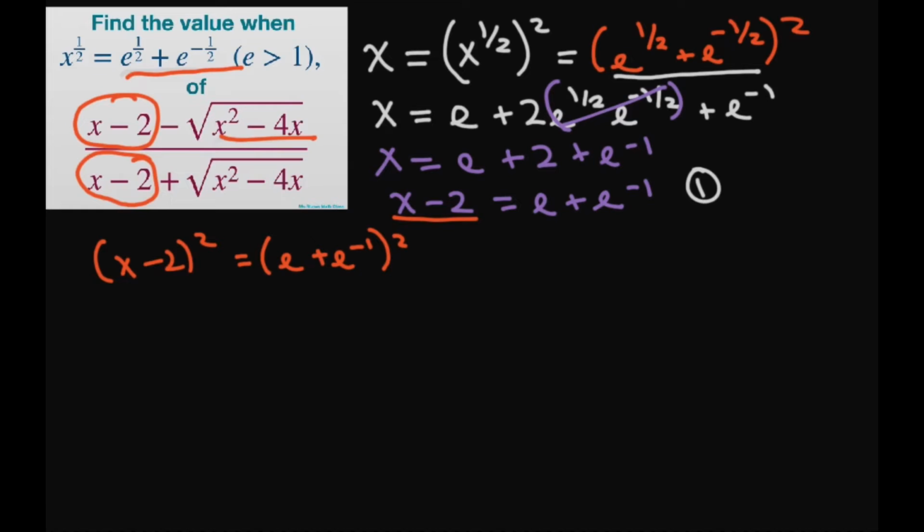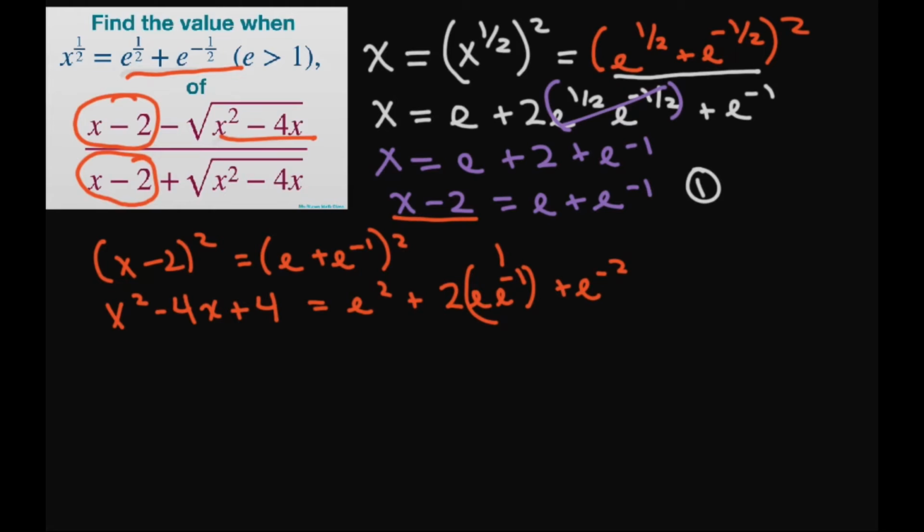This is going to give me x squared minus 4x plus 4 equals e squared plus 2e times e to the power of negative 1. Again, this is just going to equal 1 plus e to the power of negative 2.